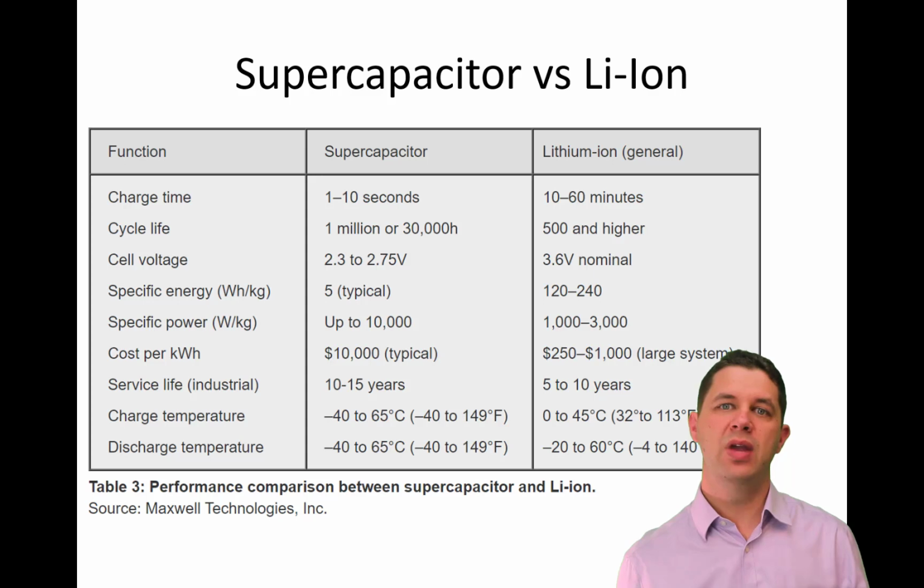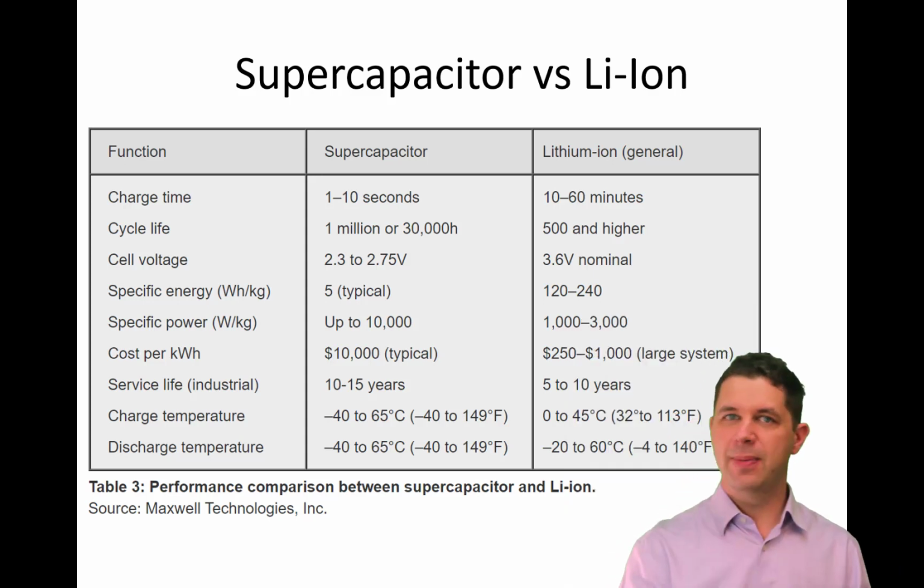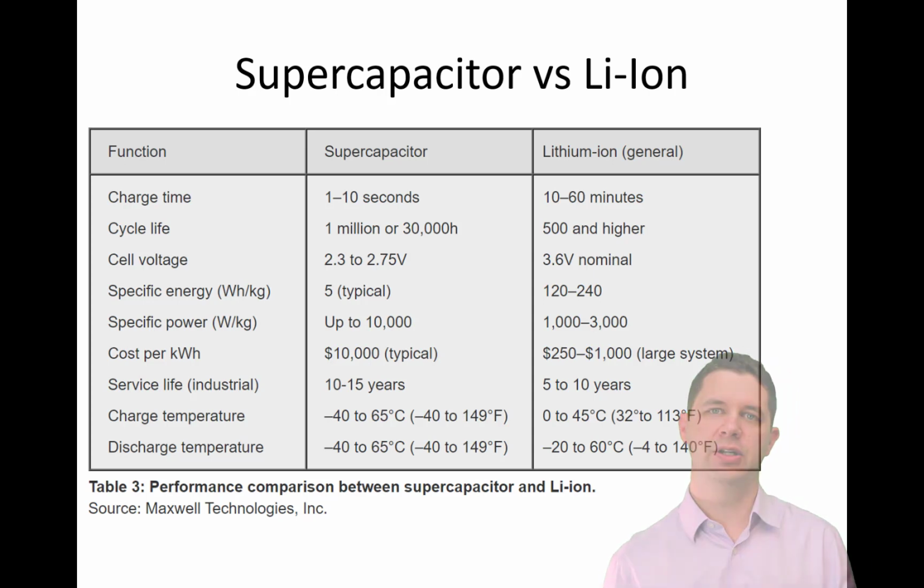This nice little table here puts some figures and quantifies supercapacitors versus lithium-ion batteries. Now you'll see, for example, in the charge time, those supercapacitors charge really, really quickly. We're talking in under 10 seconds, where our lithium-ion batteries, even with fast charges, we're talking in the order of minutes or maybe even an hour.